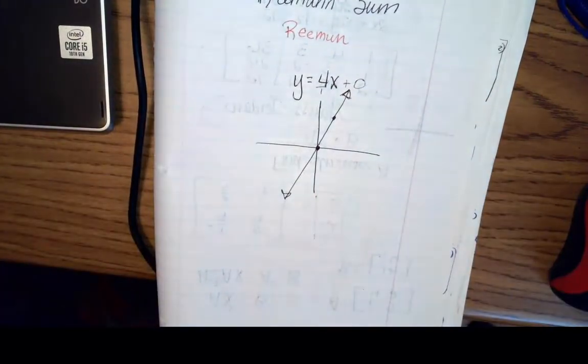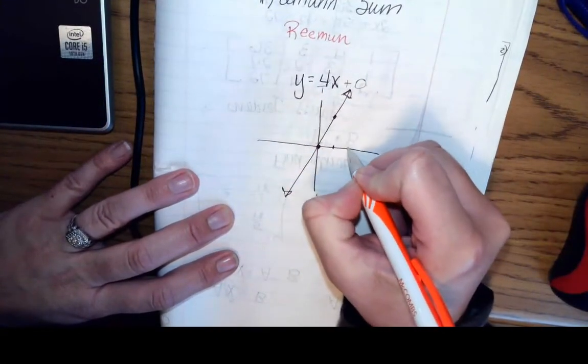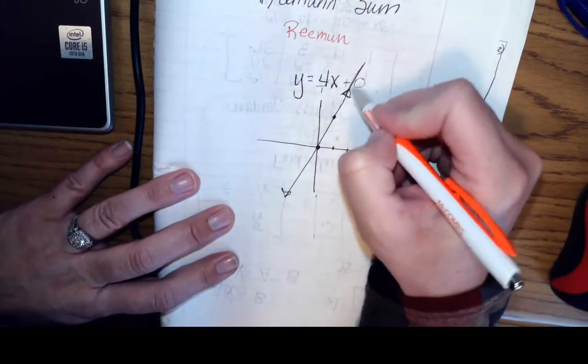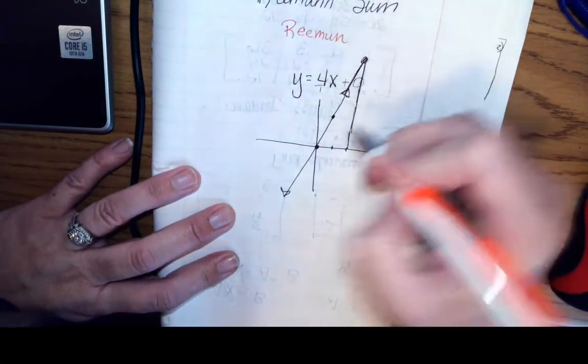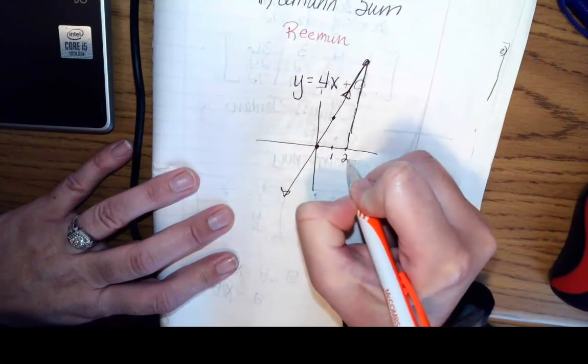And I want to find the area under that curve between the point 0 and 2. Okay, so this is 0, 1, and then this is 2. So I need to go up a little bit further. Okay, so I have this. So between 0 and 2, here's 0, 1, 2.